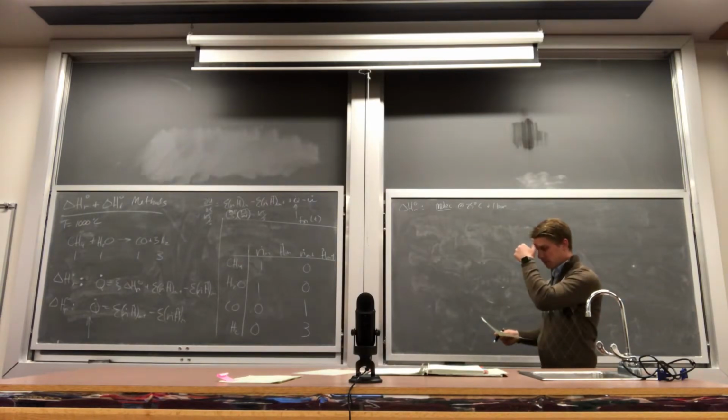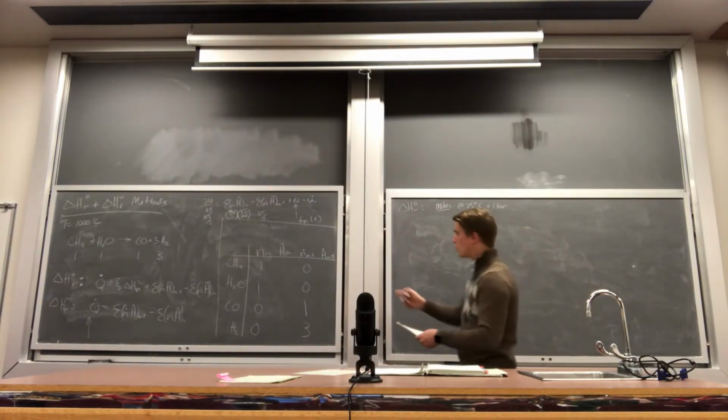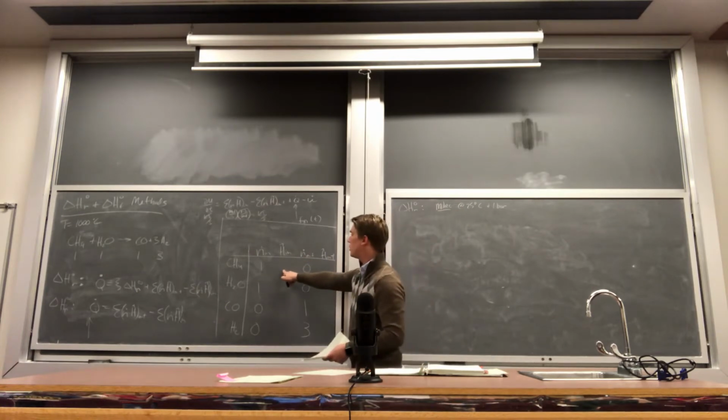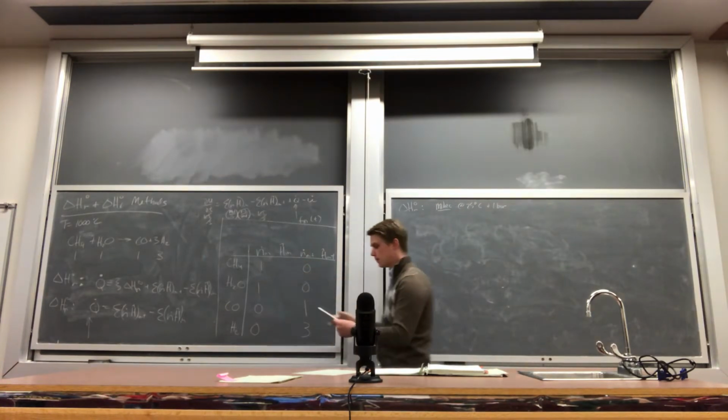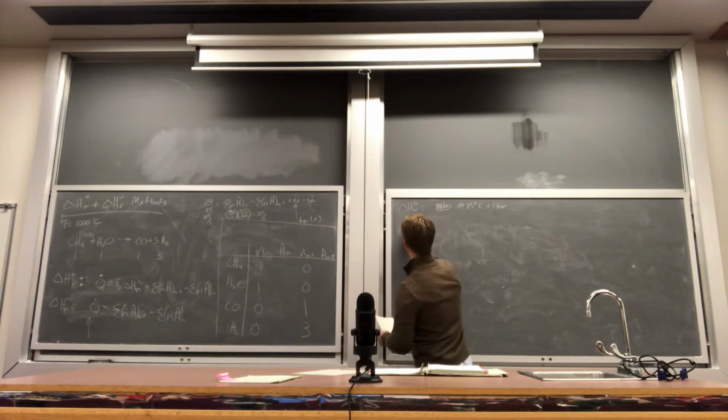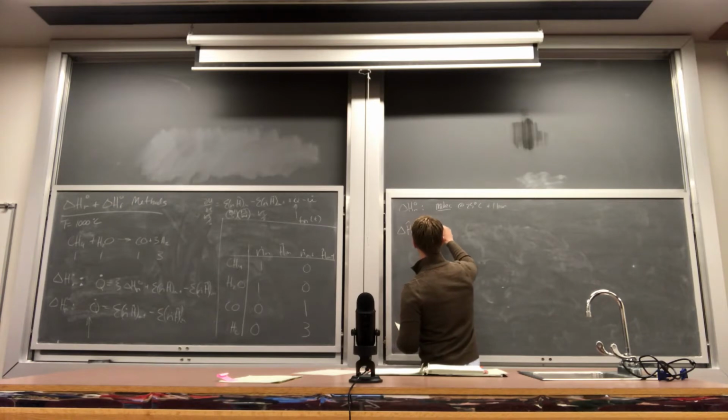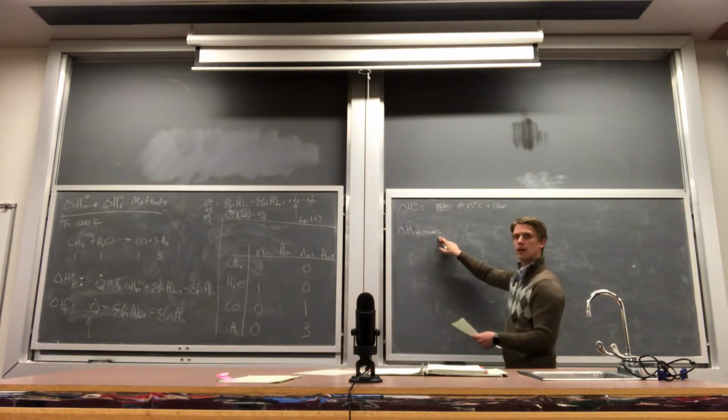All right, so for the heat of reaction method, for every single number we put in here, we have to calculate the delta H of the material going from the reference state to 1,000 degrees Celsius.